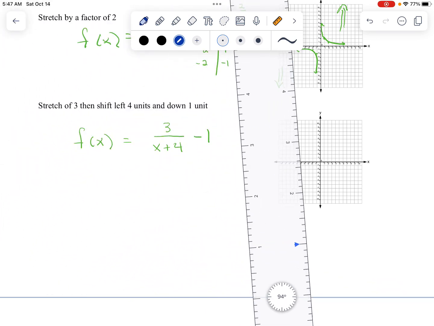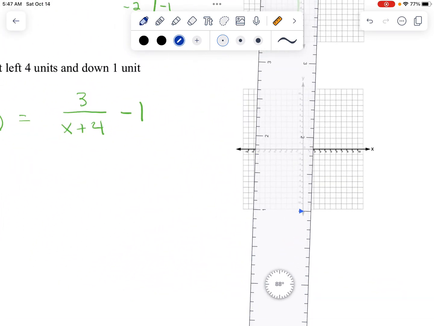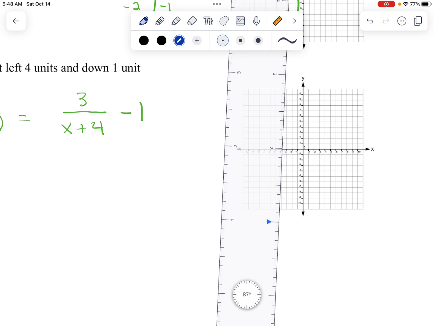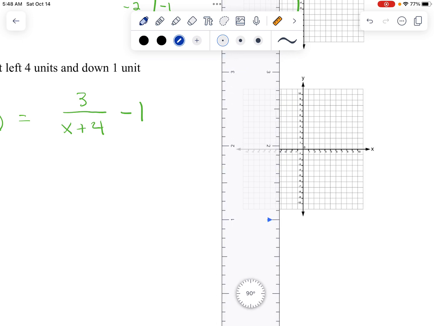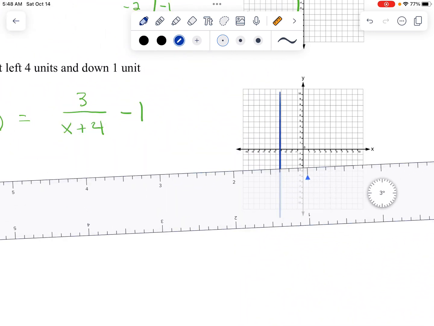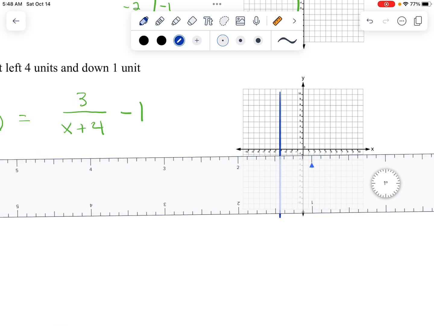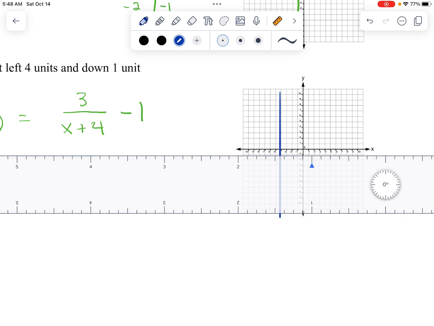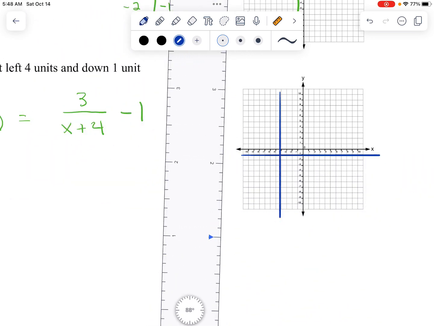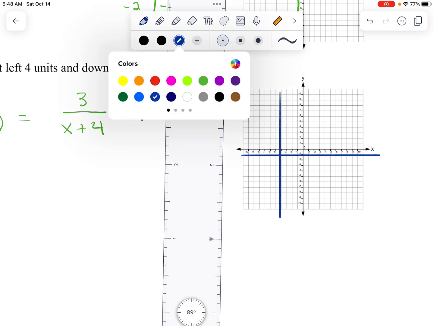So my asymptotes are going left 4 units. And my asymptote went down 1 unit. And it's a stretch of 3.